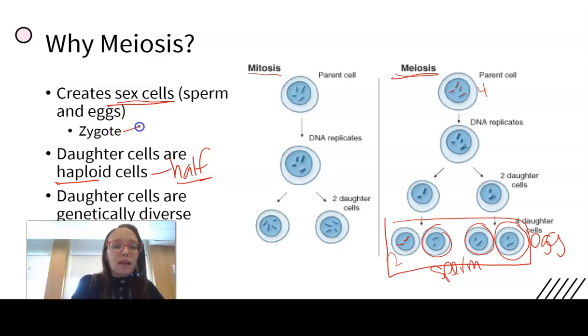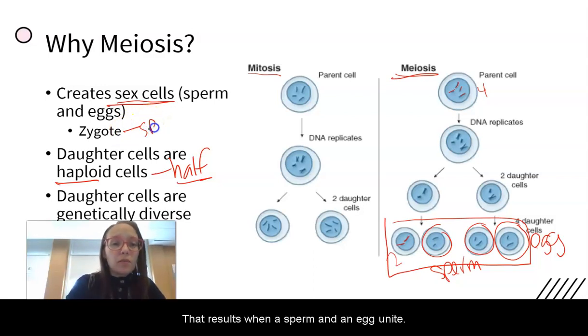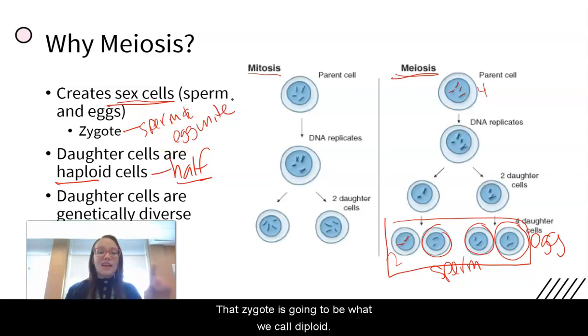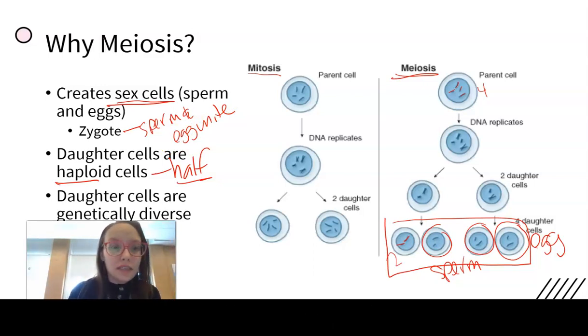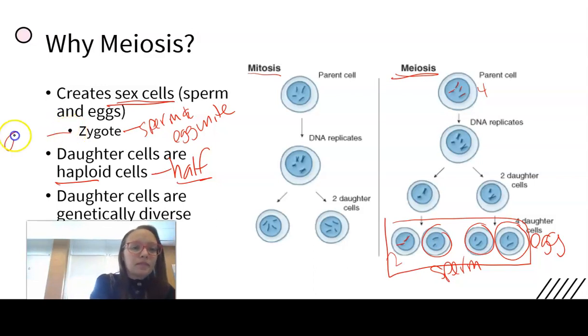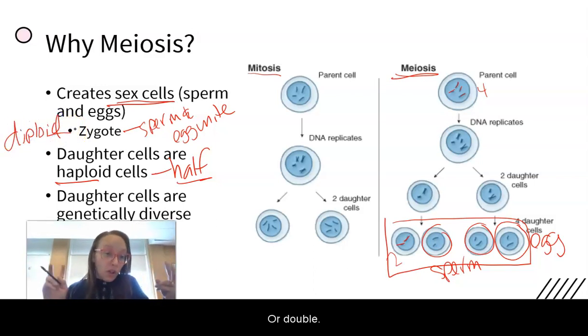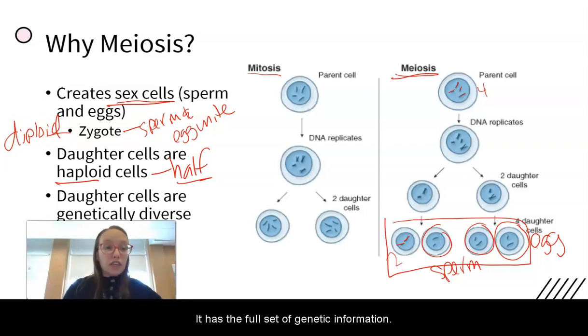So a zygote is that single cell that results when a sperm and an egg unite. That zygote is going to be what we call diploid, or double. So it has the full set of genetic information.